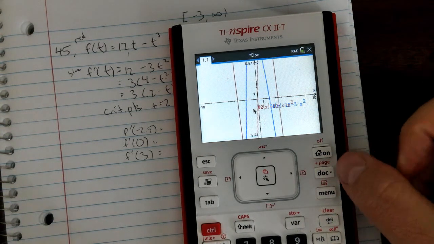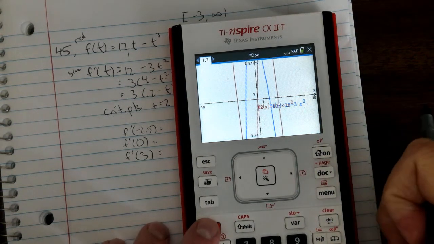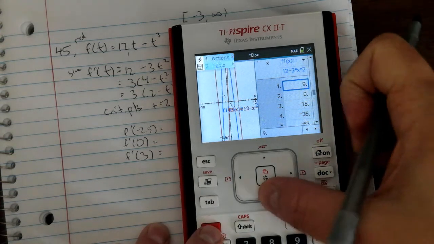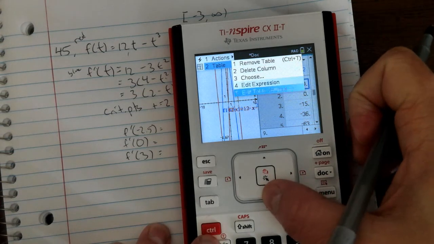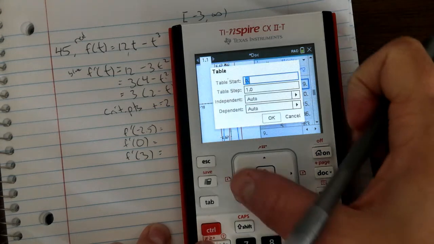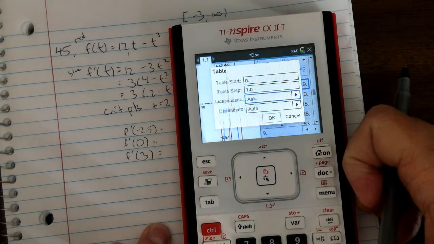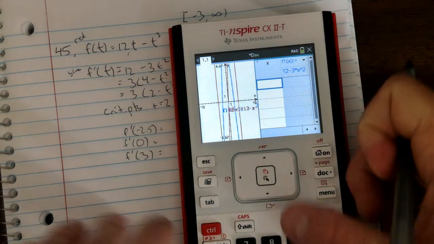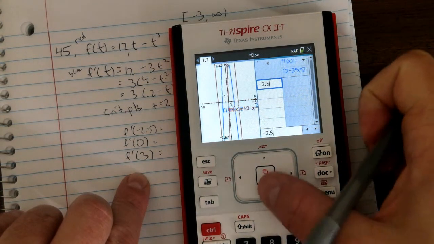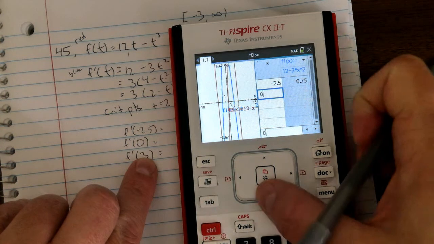So go to your table, change independent to ask, and we put in negative 2.5, 0, and 3.